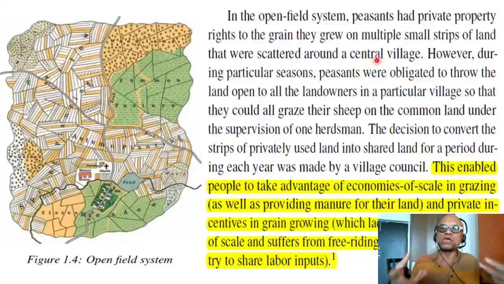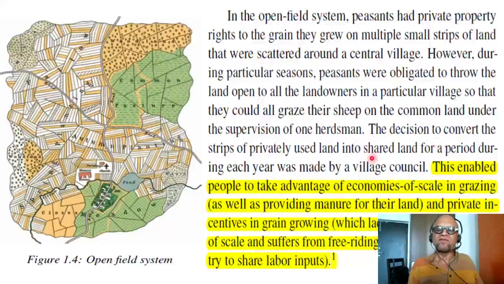So you could share the grazing, but there were responsibilities and rules associated with it. However, during a particular season, peasants were obliged to throw land open to all the landowners in a particular village so that they could all graze their sheep on the common land under the supervision of one herdsman. So it wasn't open access in that sense.